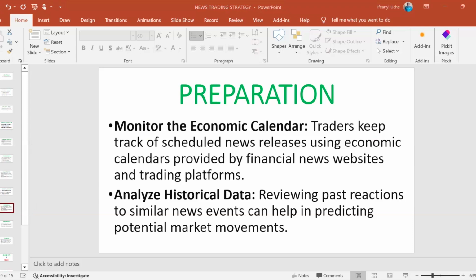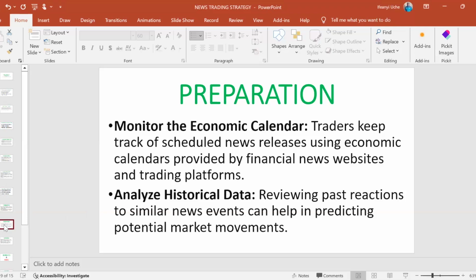You can also find some on cTrader. Then you have Forex Factory, Forex, FX Street, and so on.